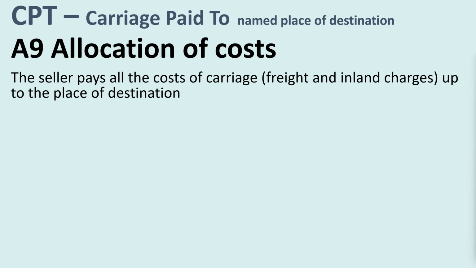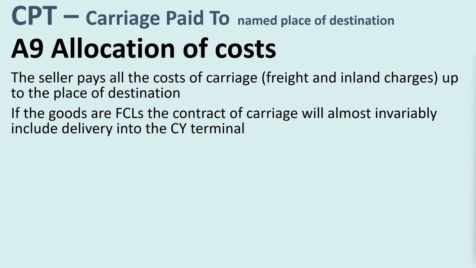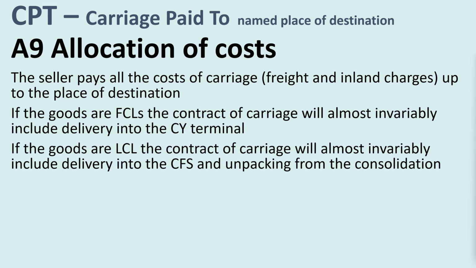The seller pays all the costs of carriage, freight and inland charges, up to the place of destination. If the goods are full container loads, the contract of carriage will almost invariably include delivery into the container yard, the terminal. If the goods are LCL, the contract of carriage will almost invariably include delivery into the CFS and unpacking from the consolidation.